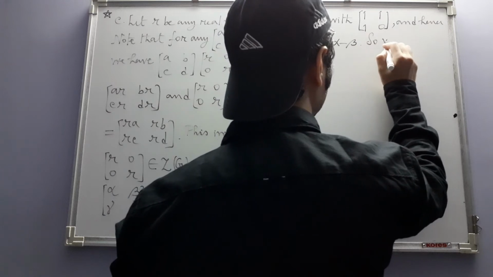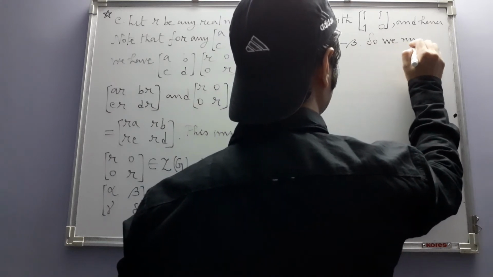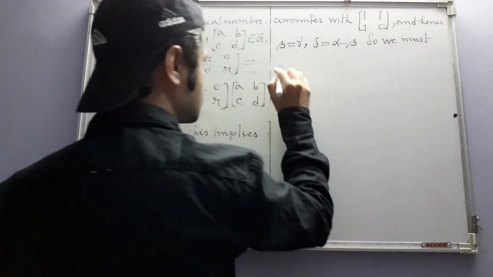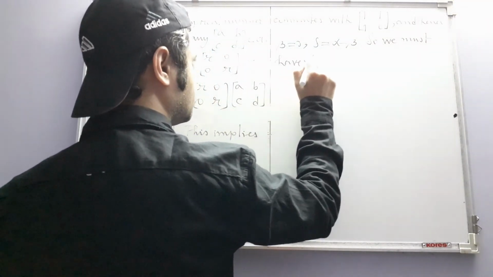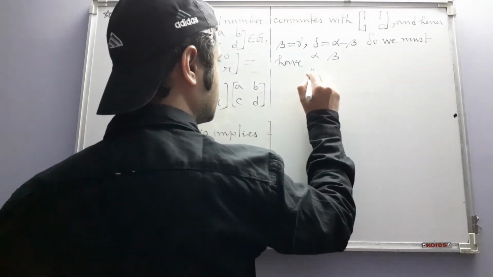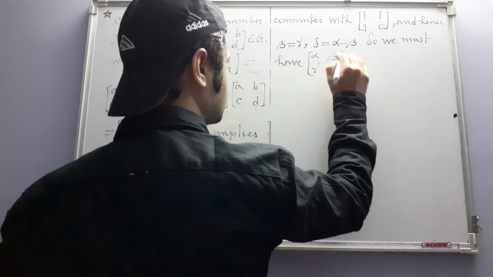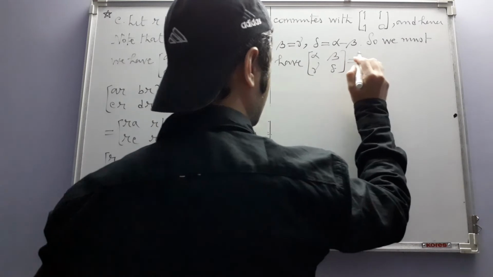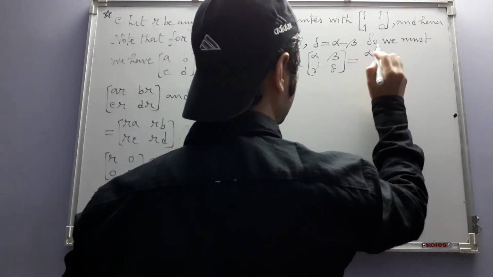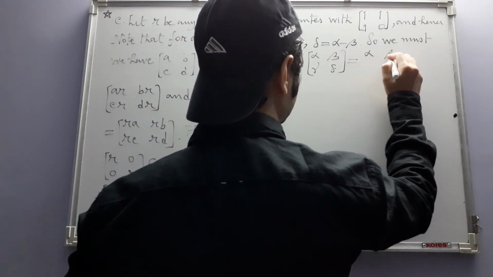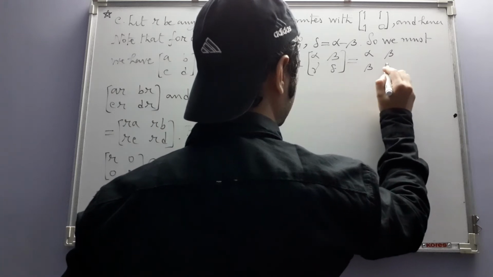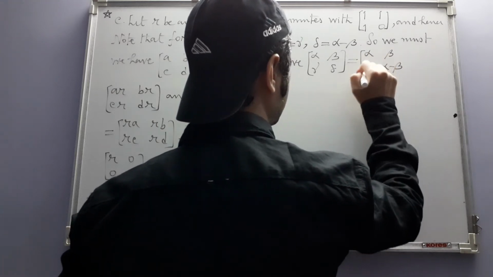So we must have our matrix like this: alpha, beta, beta, alpha minus beta.